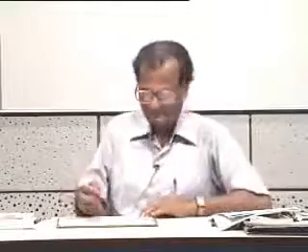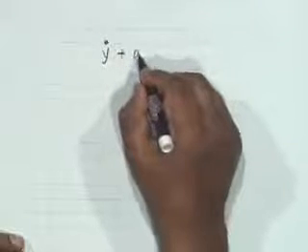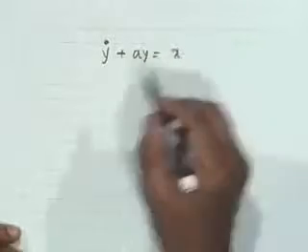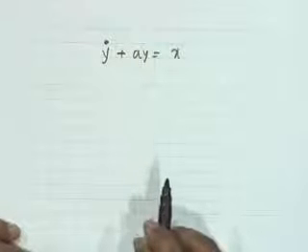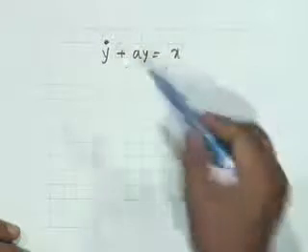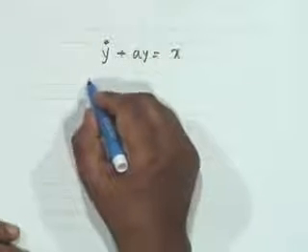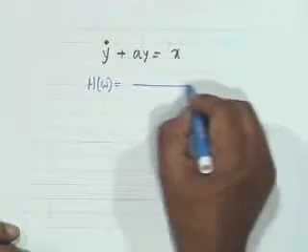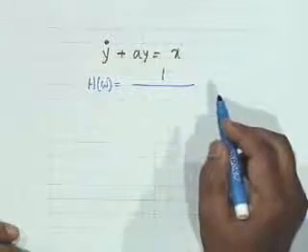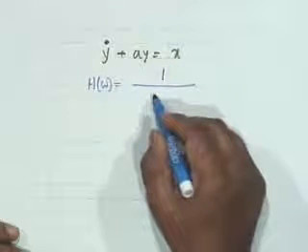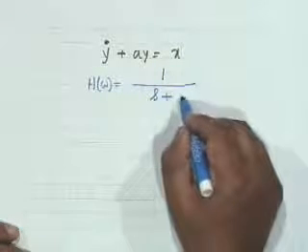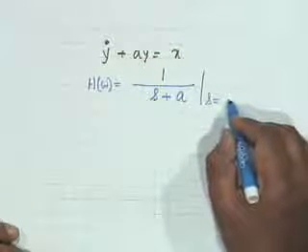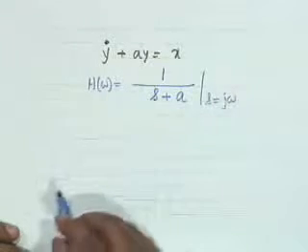Let's take some simpler examples. We have y dot plus ay equal to x. Let's say you consider an LTI system which is like this. Then what is H of omega? By inspection, it is 1 divided by s plus a under the condition s equal to j omega.